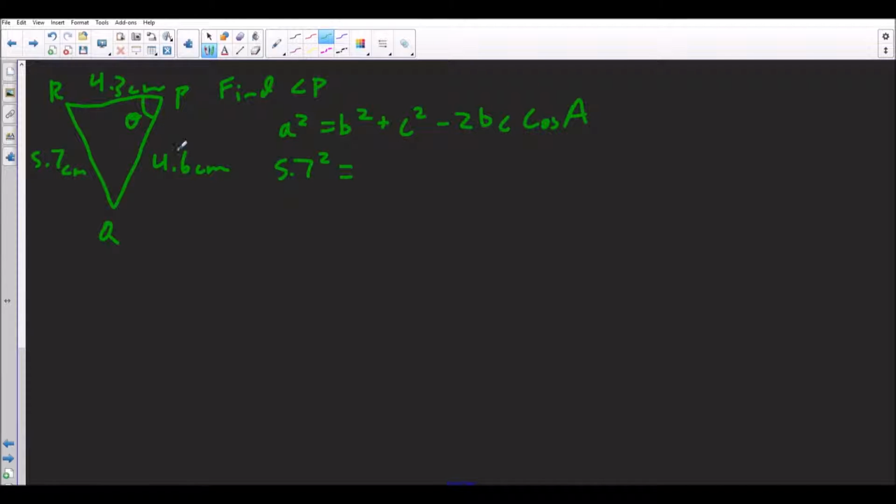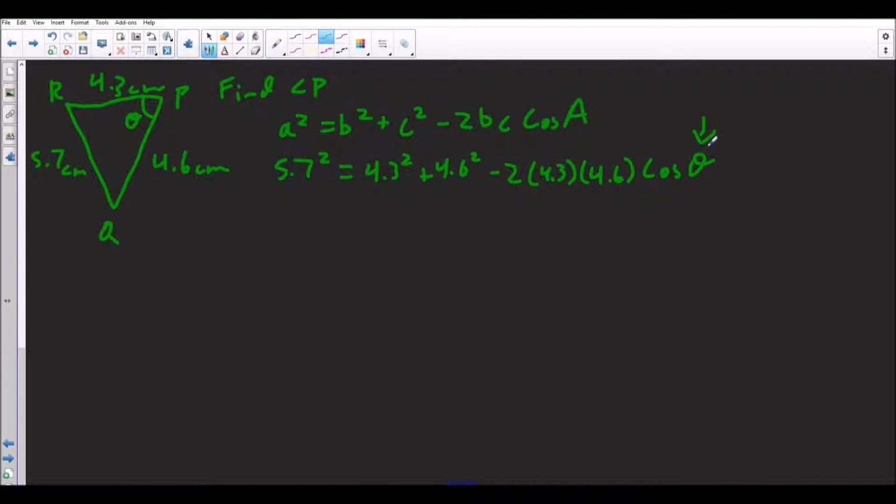Then b and c, it doesn't matter which one we fill in first. It's just a number squared plus a number squared. Doesn't matter what order they're in. So we're just going to say 4.3 squared plus 4.6 squared minus 2 times 4.3 times 4.6 cos of theta. And that's what we're trying to find.